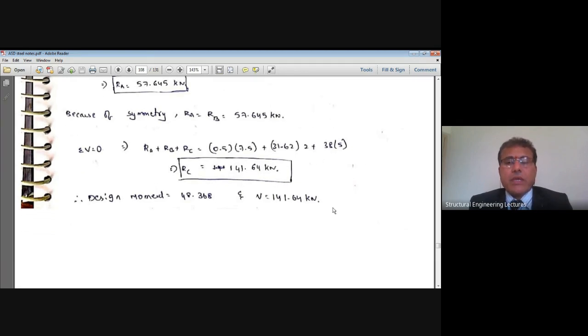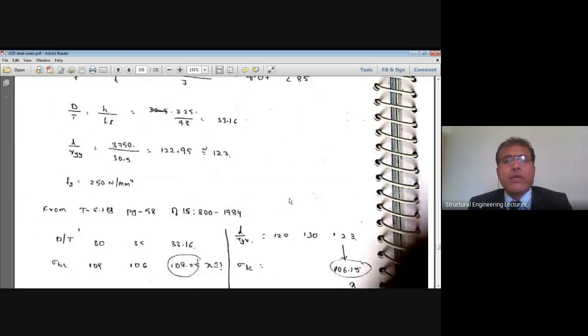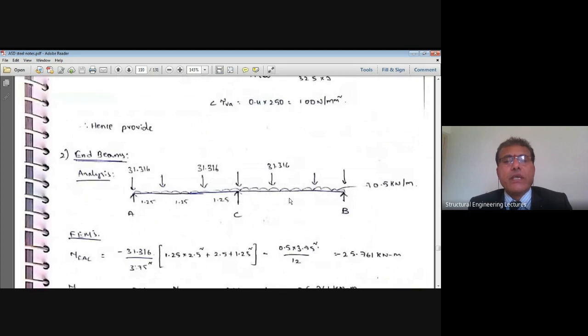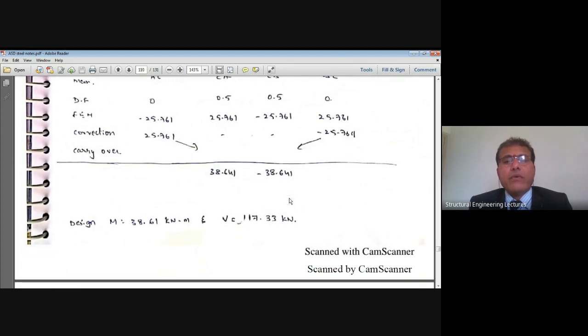That is how I get the reaction of 141.64, and also the bending moment of 48.368. Whereas at the intermediate location of the other span, I got a bending moment of 38 and a shear force of 117.